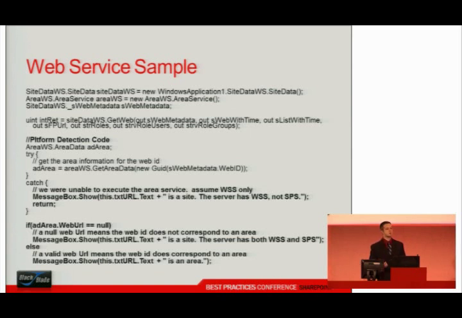So that gives us all of our types, even though they're all proxy types, to that particular web service. In this case, we're using the SiteData web service. Okay. So the first thing that we do is we're actually going in and trying to invoke this. And if the invocation fails, then down here we know that, hey, this is not the version of SharePoint that we were looking for.